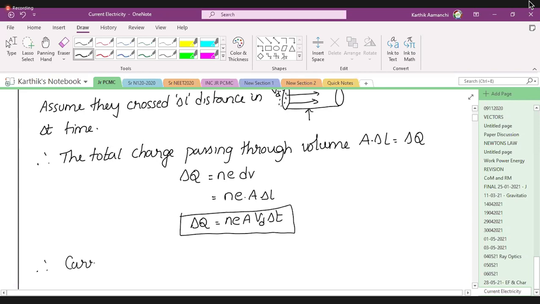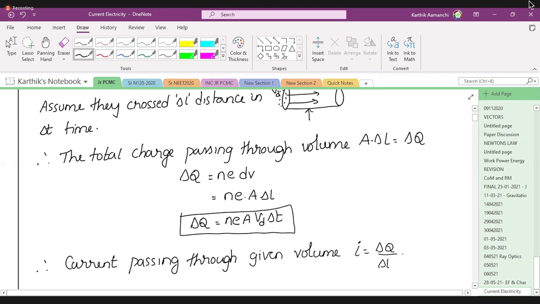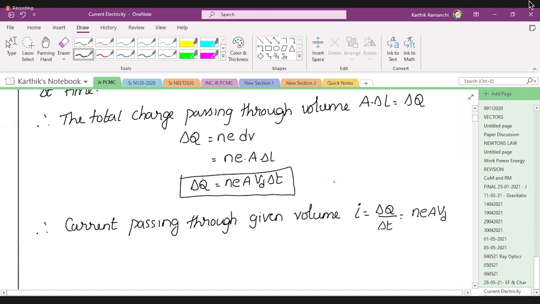Therefore, current passing through the given volume is I equal to delta Q divided by delta T, and VD goes into your formula.